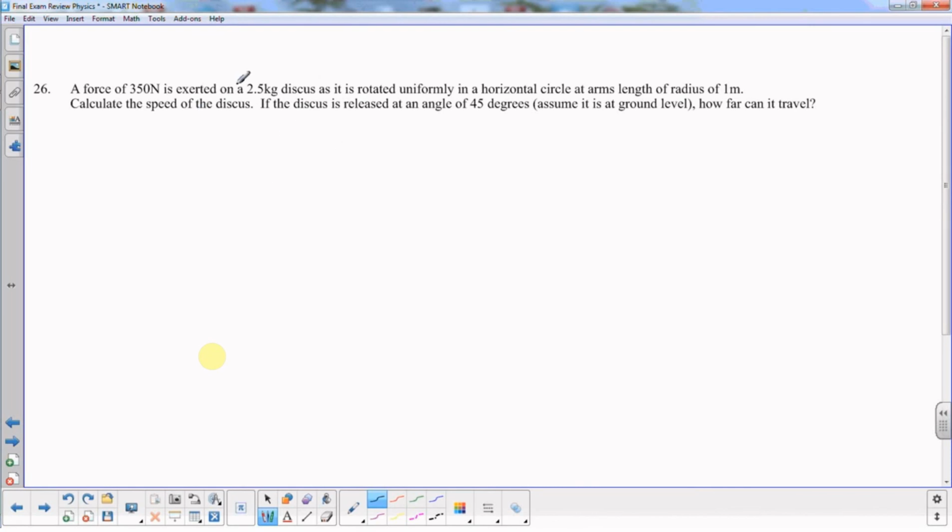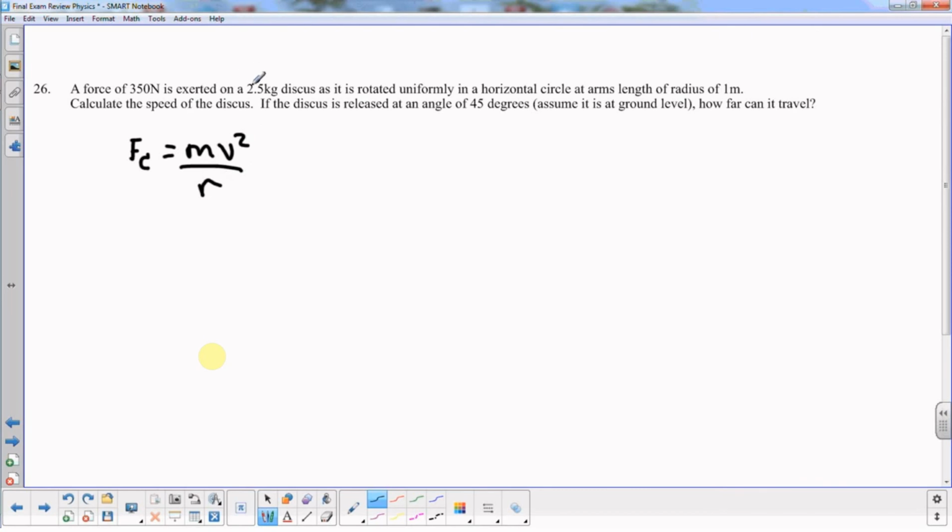A force of 350 newtons is exerted on a 2.5 kilogram discus as it's rotated in a horizontal circle at arm's length of 1 meter. Calculate the speed of the discus. That's not hard. The force is 350, so we know it's going around in circles, and we know the equation is mv squared over r.